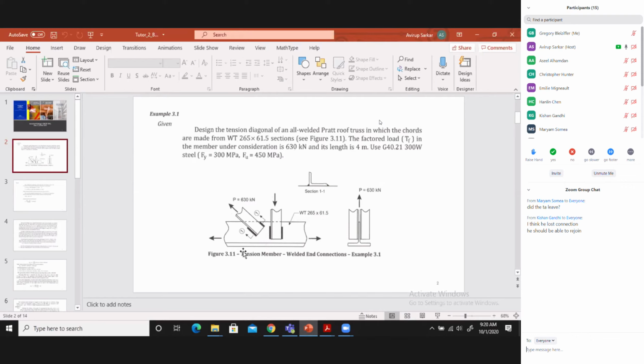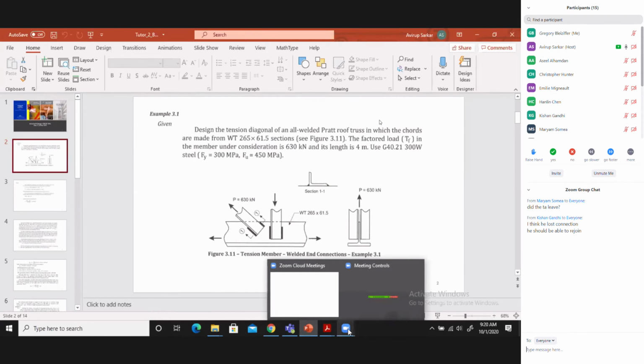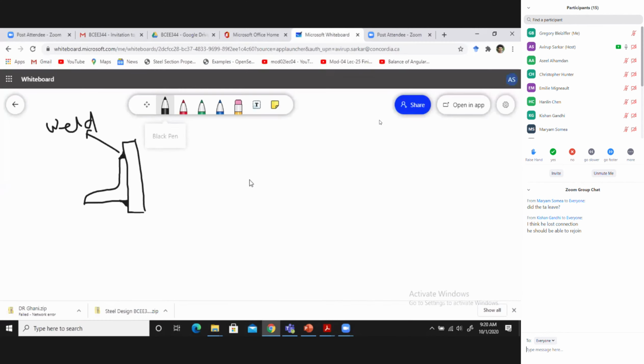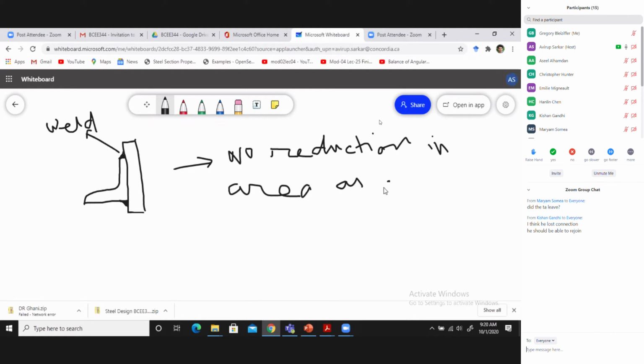Okay, if you cut a section, this is how it will look. So in that case, there is no reduction in area, as opposed to bolted connections.